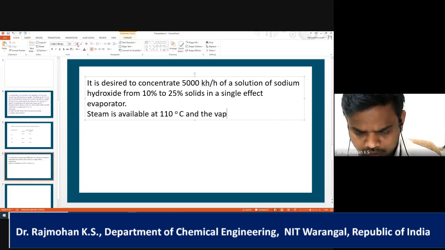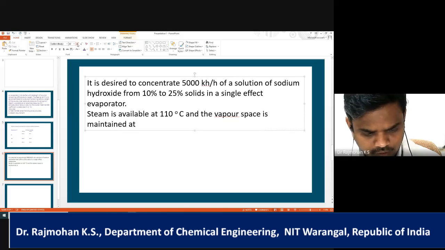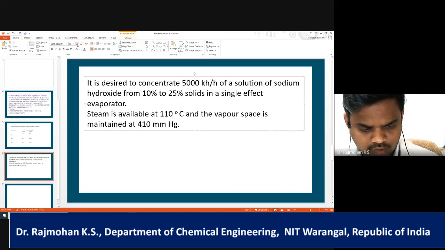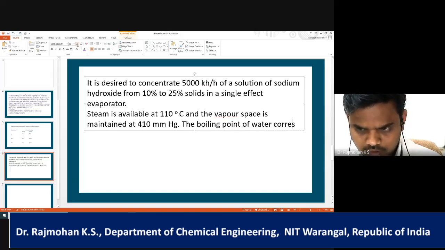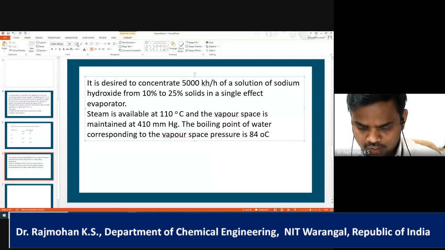and the vapor space maintained at 410 mercury. The boiling point of water corresponding to the vapor space pressure is 84 degrees Celsius.